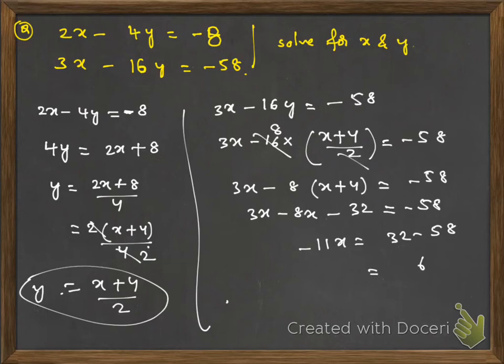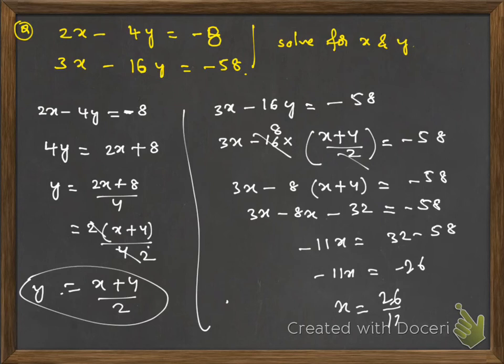I hope I did not do anything wrong here. So this is minus 26, I suppose. Minus 26 is minus 11x, x is equal to 26 by 11. Wait, hold on. I think I have made a calculation mistake.